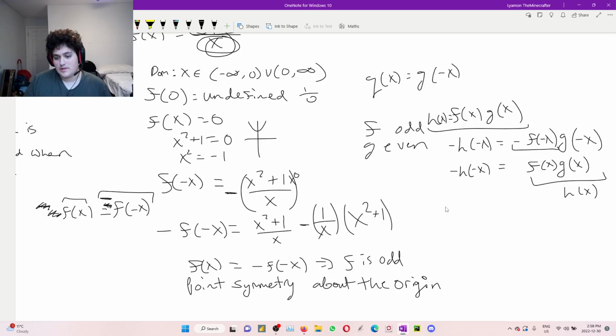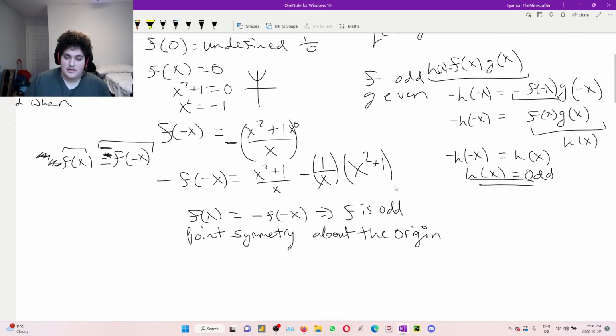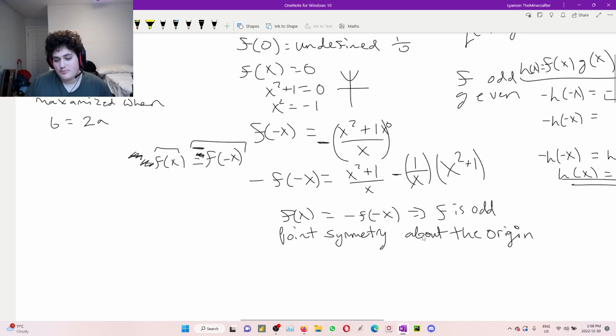So h of x is going to be an odd function. Okay, that's cool. So we have point symmetry about the origin.